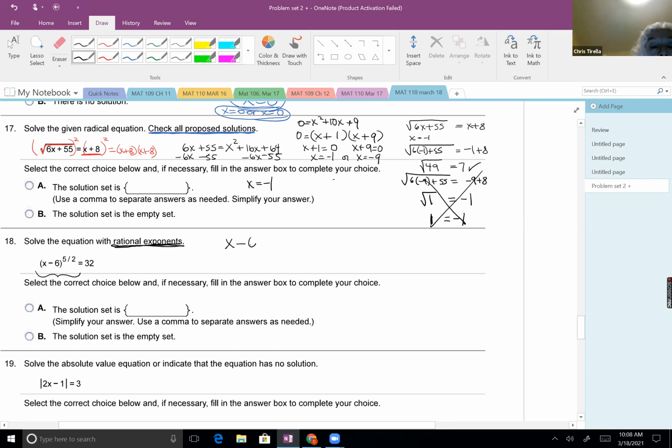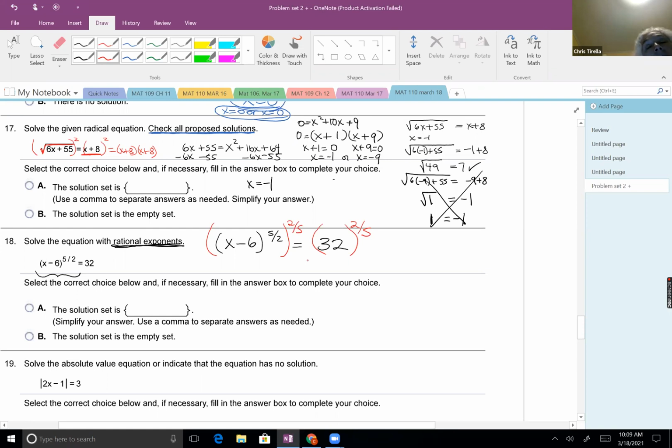And then, can anybody remember what we had to do to both sides of the equation to clear that fractional exponent? You raise to the reciprocal. Beautiful. So the reciprocal of 5/2 is 2/5. So we're going to raise both sides to the 2/5 power.